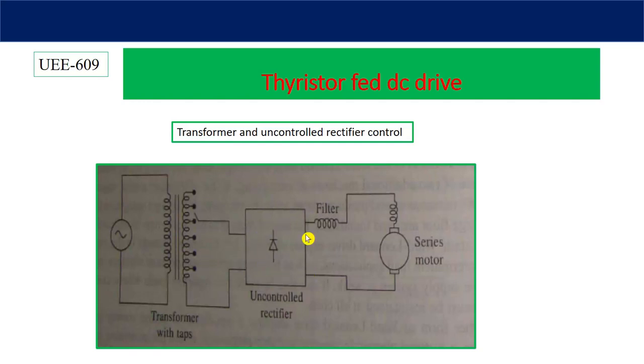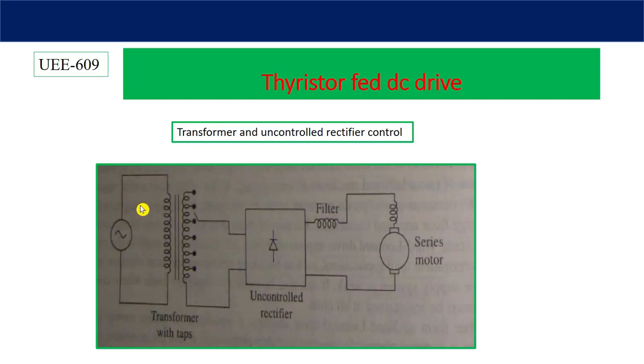Here we can use controlled rectifier, no need to use this converter. In some cases, if isolation is required between the AC input and the input to the rectifier, then a transformer can be used, and those transformers are 1:1 turns ratio transformers.